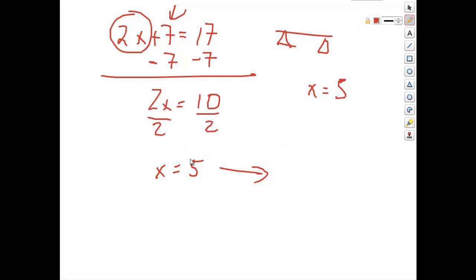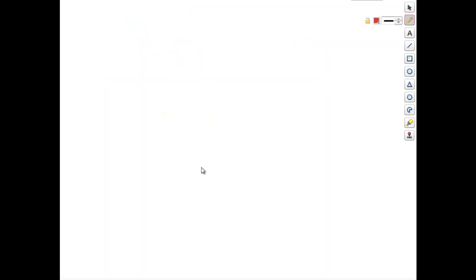But let's look at another definition and see if we can figure out a way that's going to be more powerful and useful. Another definition is reciprocal. What is a reciprocal?